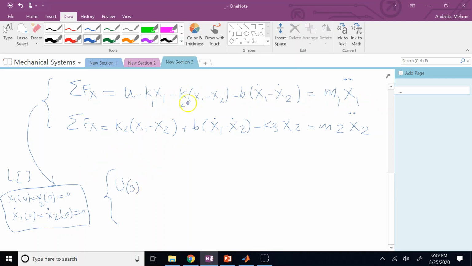So if I keep the x2s on the left hand side, I have a negative k2 times negative x2, so positive k2 x2, and then I have a negative b times negative, so it's going to be bs X2 of s.